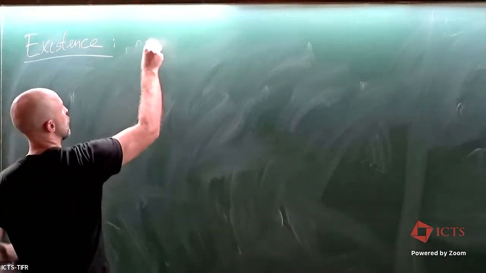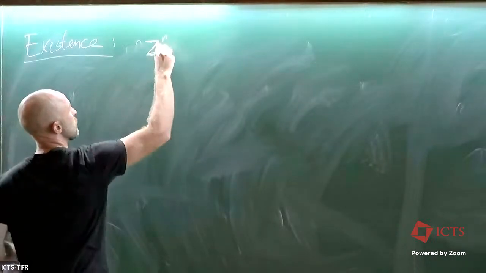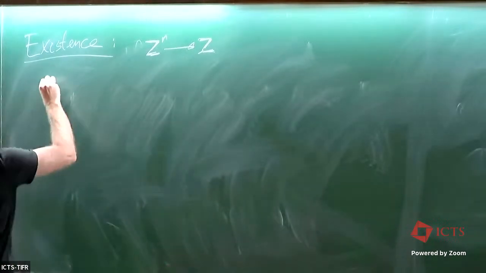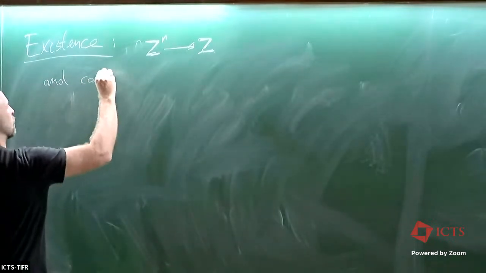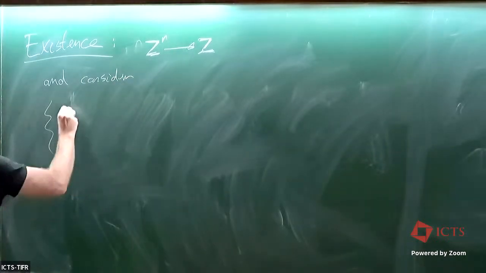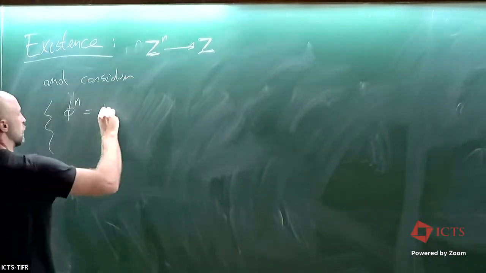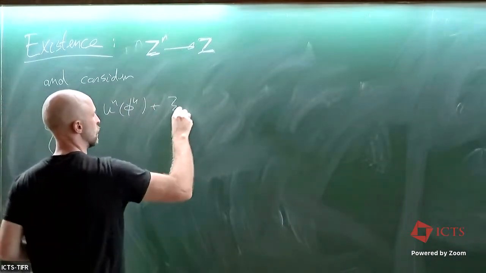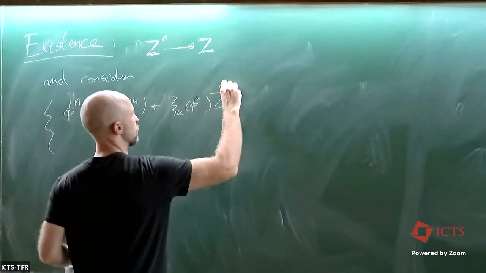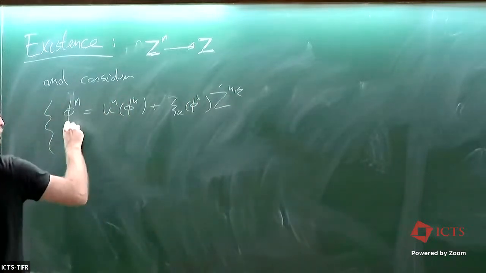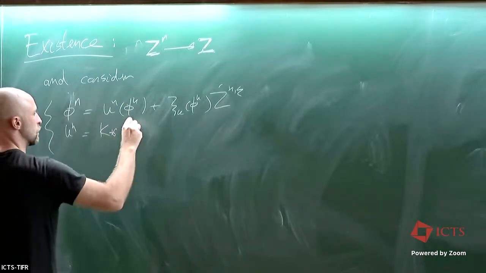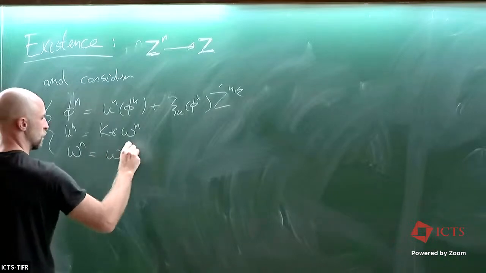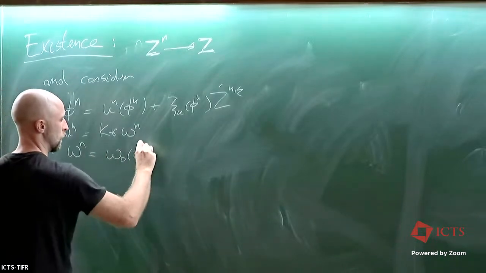So we take some sequence of smooth rough paths converging to Z, and consider n minus 1.